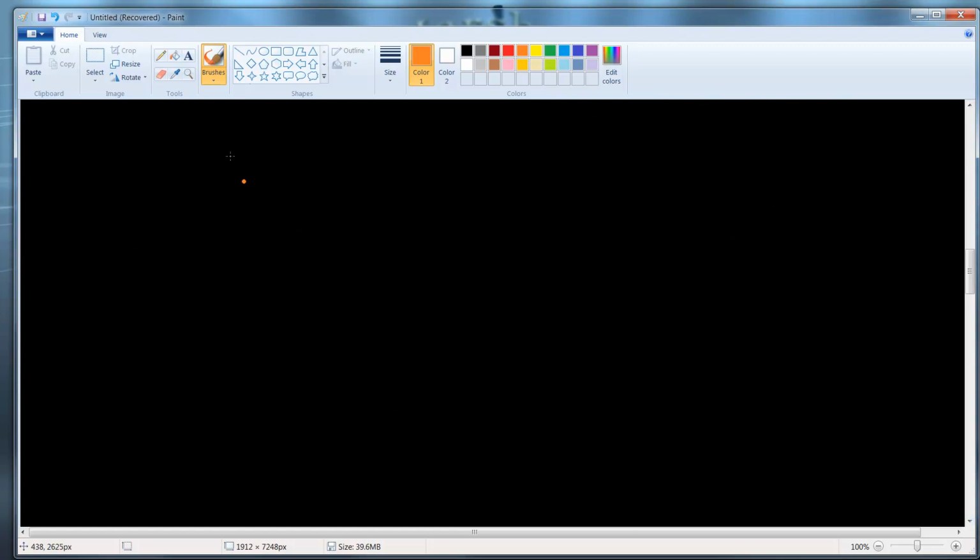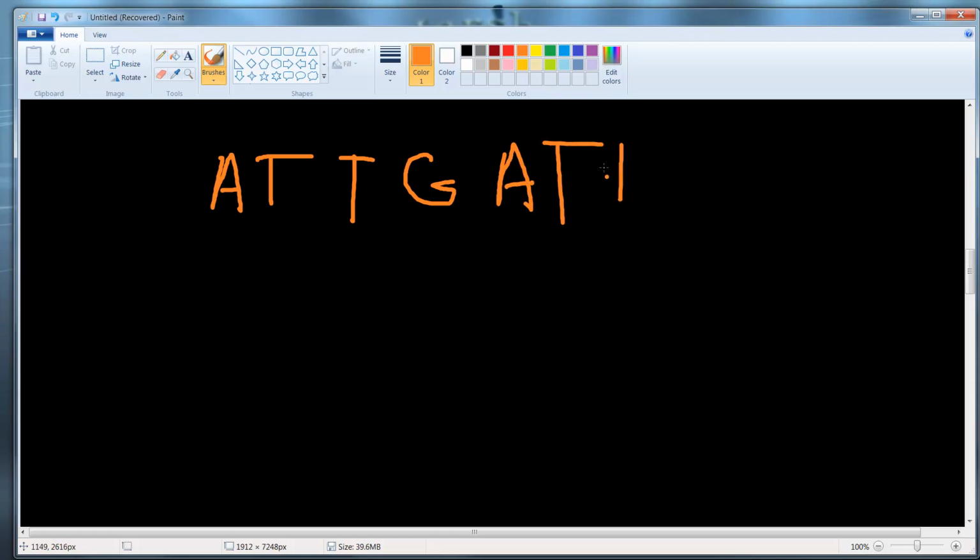So, for example, let's start with a simple STR repeat, which is ATTG. So this little repeat then, there's one unit. So if I'm making 3 repeats, I would just go ahead and make another one and another one, ATTG.